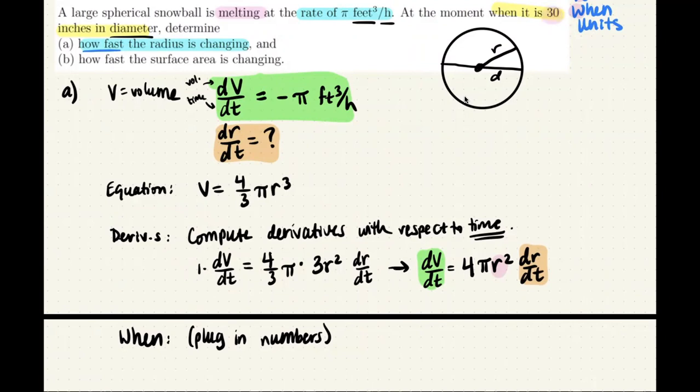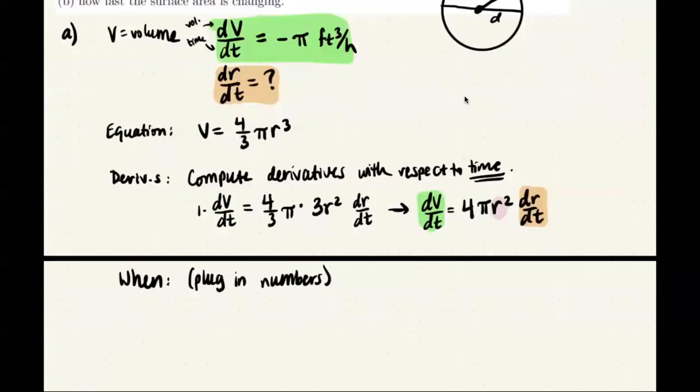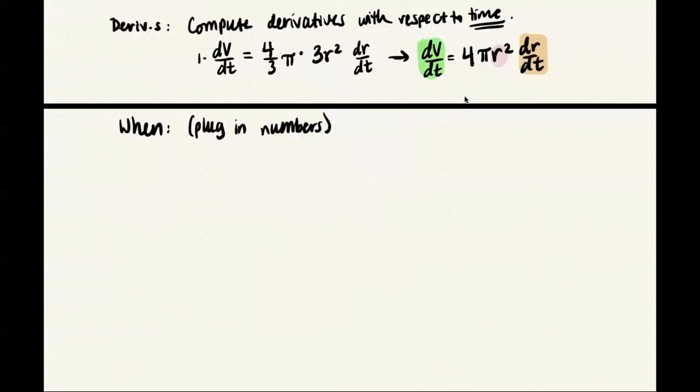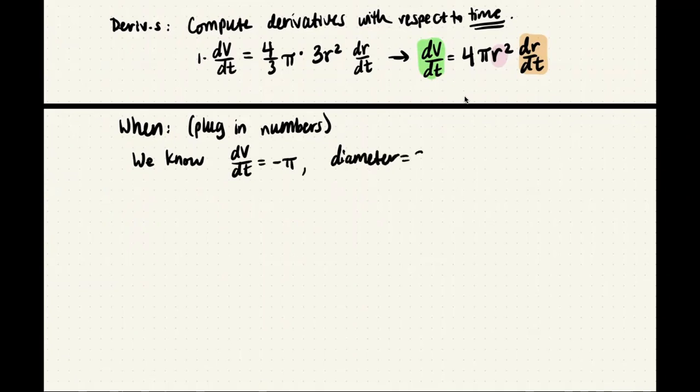What we know is that the diameter is 30 inches. So I need to convert that to a radius. We know dV/dt is negative pi feet cubed per hour. We know the diameter is 30 inches.